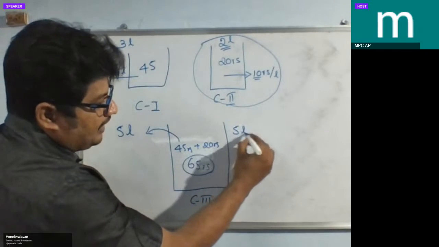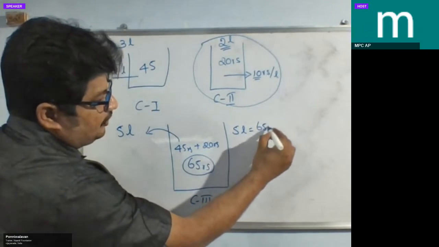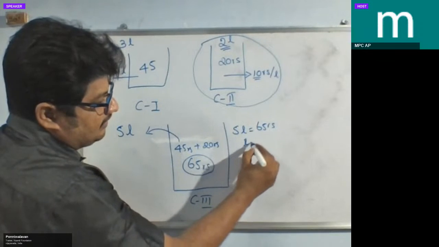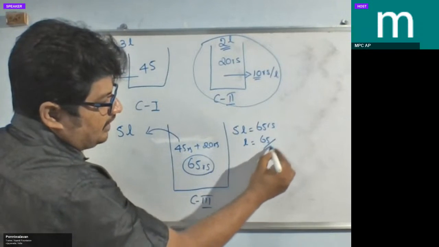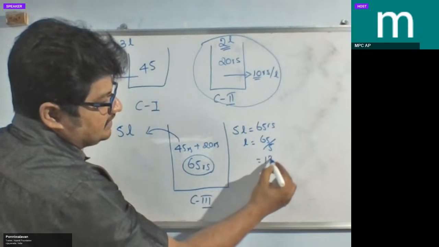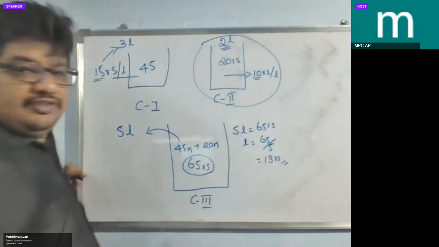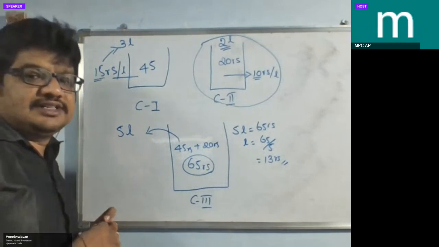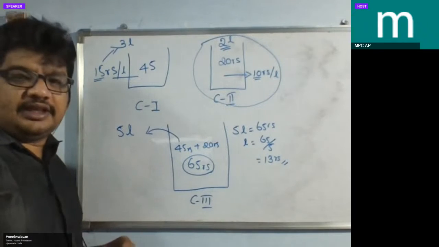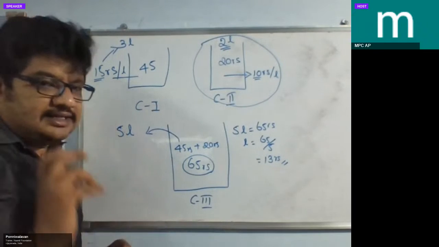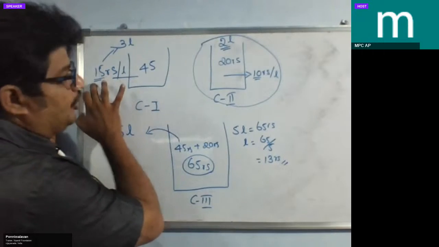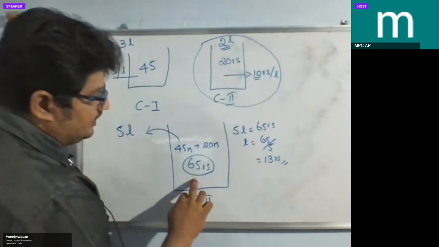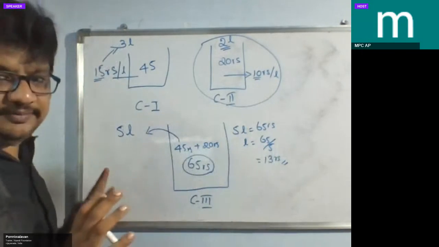So 5 liters is 65 rupees. Now what is the value of 1 liter? 65 divided by 5 is 13 rupees. Listen, I mixed 15 rupee and 10 rupee and I got a 13 rupee mixture.